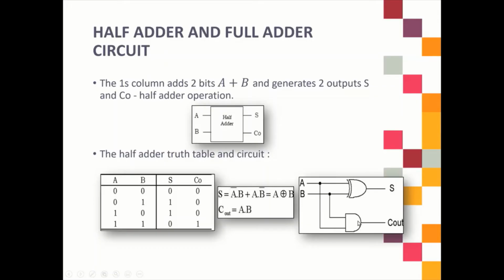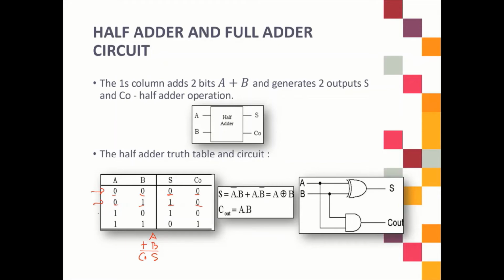For example, for the first row, 0 plus 0, you get 0 as your sum, and 0 for your CO. This follows the format of A plus B giving S and CO. For the next row, 0 plus 1, your S is 1 and your CO is 0.